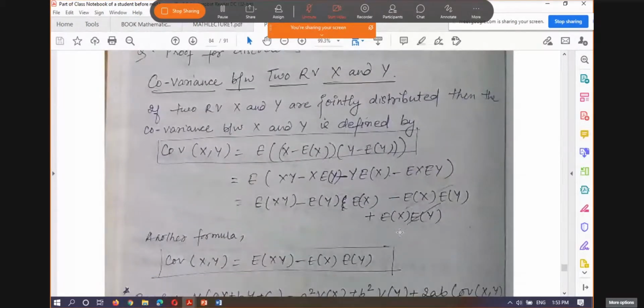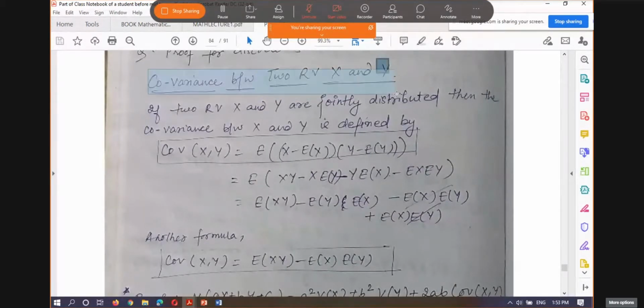Now, we define another term, covariance. If we have two random variables x and y, and we want to know the relation between them, this can be done by the covariance term. For example, if x is increasing, is y also increasing, or if x is decreasing, is y decreasing?